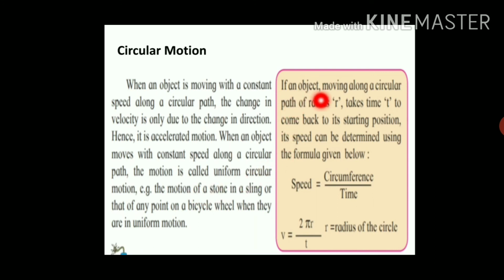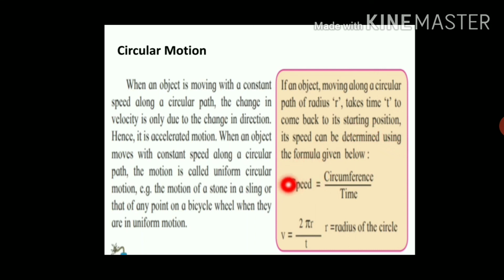If the object moving along a circular path of radius r takes time t to come back to its original or starting position, the speed can be determined by the following formula.